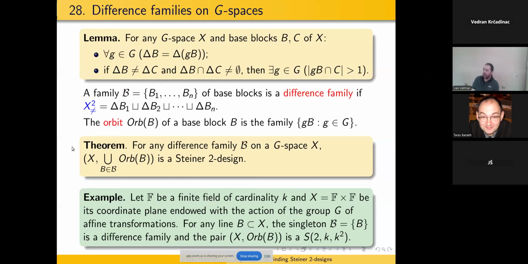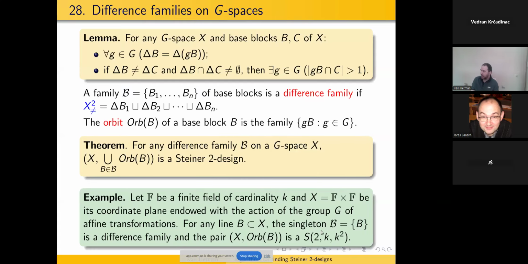And a well-known example, I suppose that everyone knows that. So let F be a finite field of cardinality k, and X is equal to the Cartesian product F by F. It is a coordinate plane endowed with an action of the group of affine transformations. And let's take any line B of X. I mean the classical line, for instance, of the form y equals ax plus b.